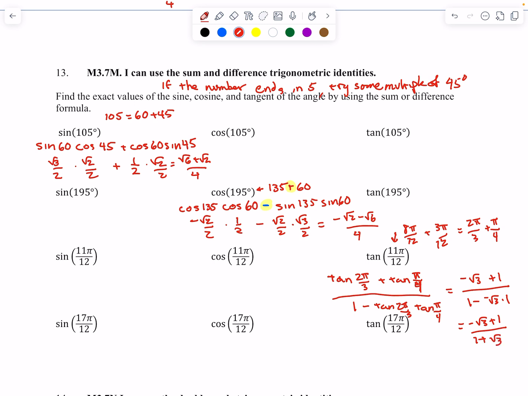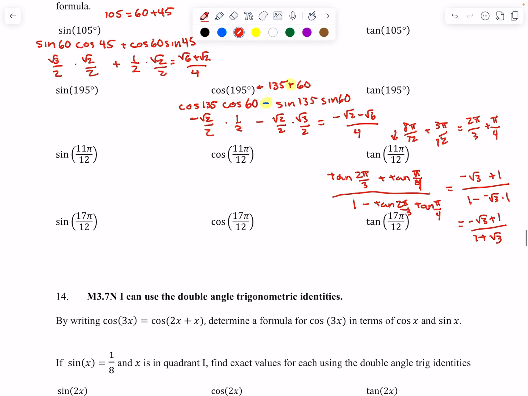You need to figure out tan of 2 pi over 3 by thinking about sine over cosine. All right, life is short. Let's do one of these. Let's see.